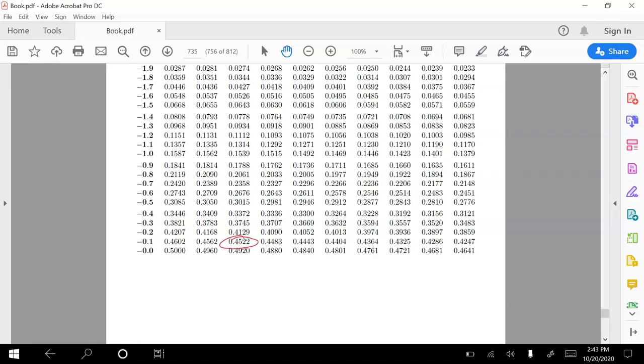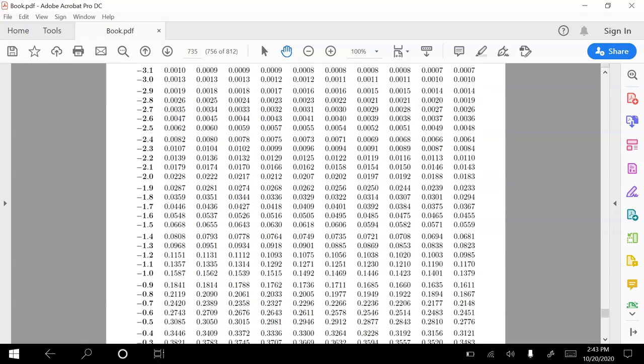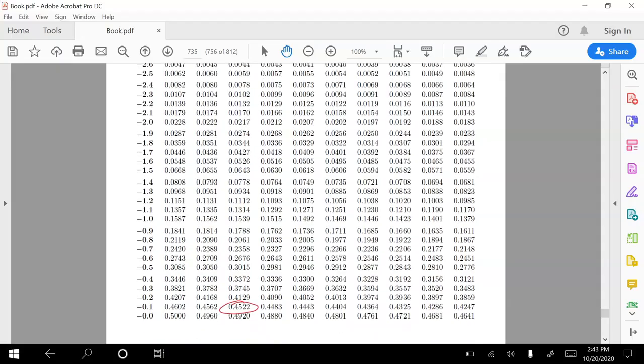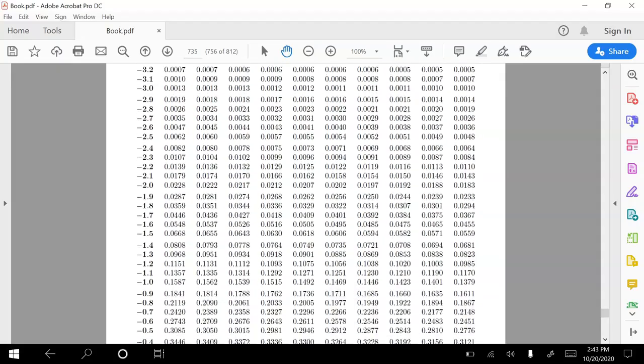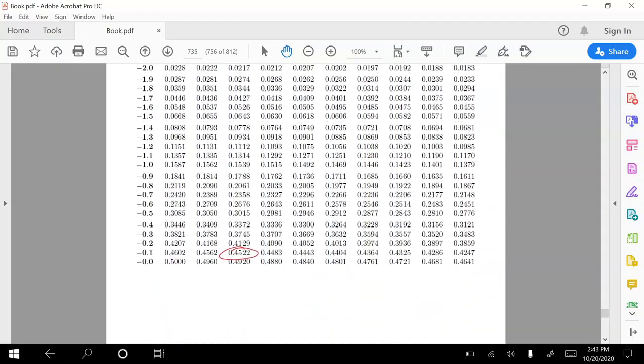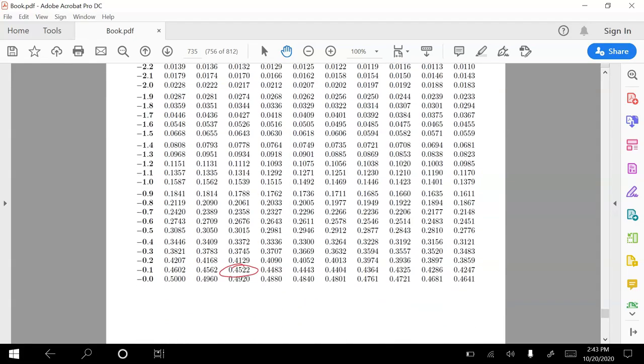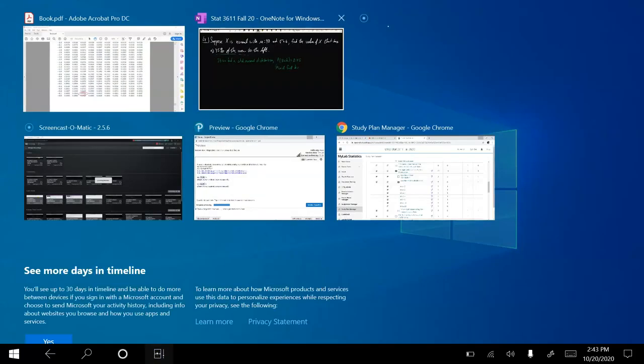That's our closest value. So it's about negative 0.12, probably something like negative 0.122 or 123. This is too small, but it's a bit closer to this. So for now, I'll just say it's about negative 0.12. That's our closest value.